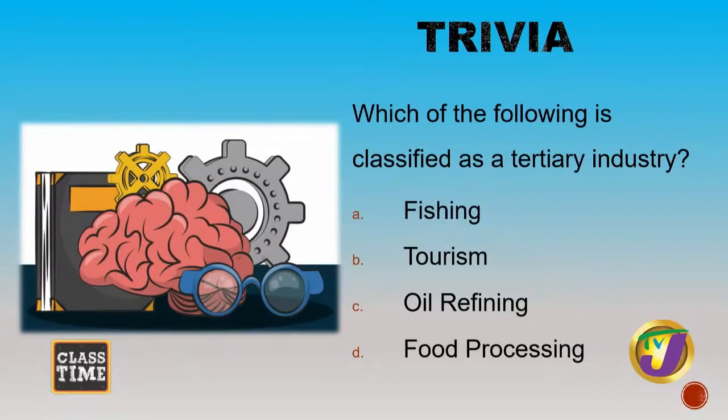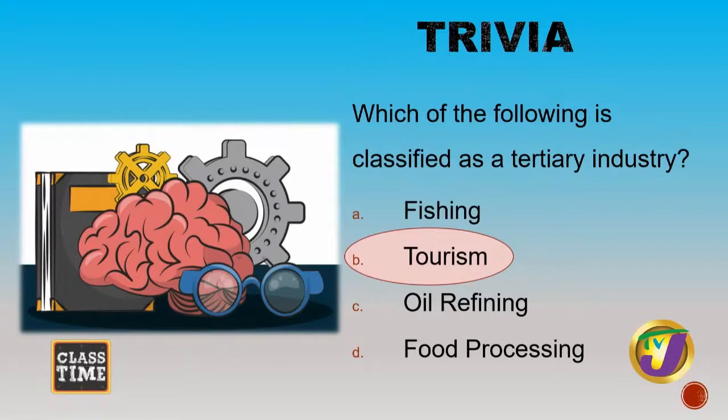Is it A, fishing, B, tourism, C, oil refinery, or D, food processing? I'll give you a second to choose your answer. If you selected tourism as your answer, you are correct. All right? We're now going into the lesson.